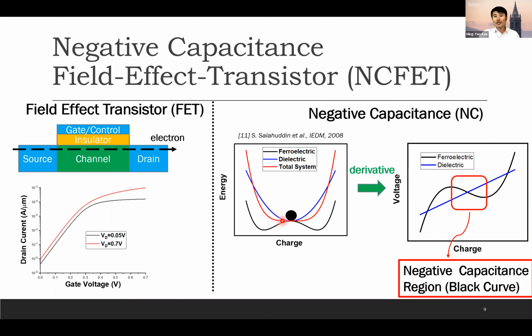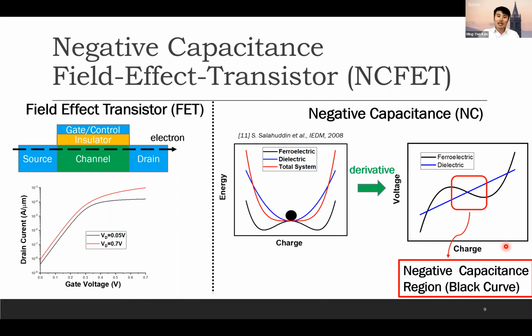But if we can create a well-designed system with the dielectric and ferroelectric, like this red curve, we can stabilize our state at zero charge. We call that depolarization, or a good capacitor matching condition for NCFET.